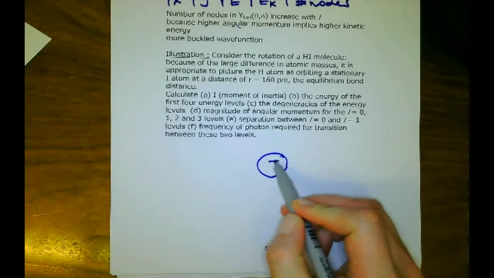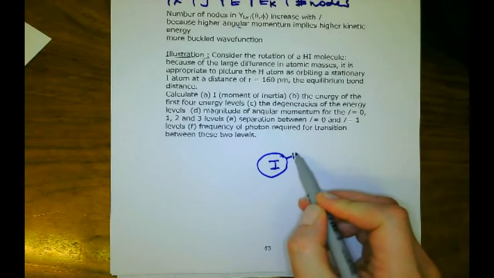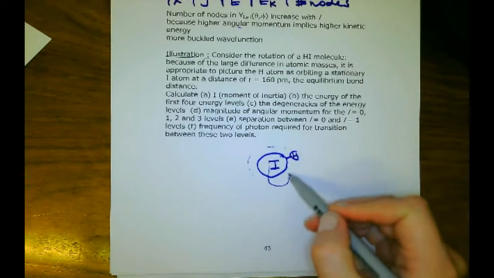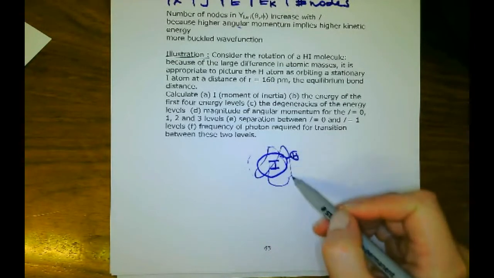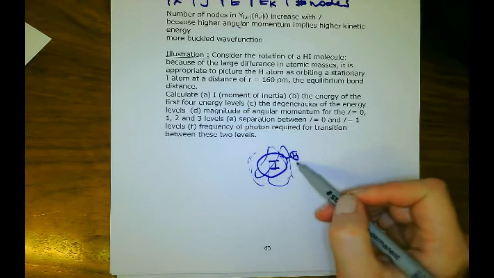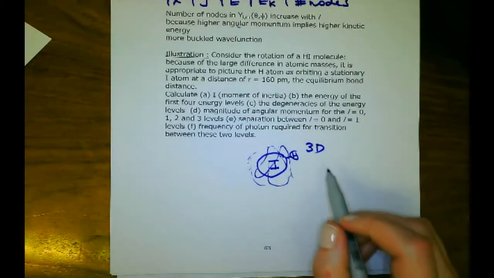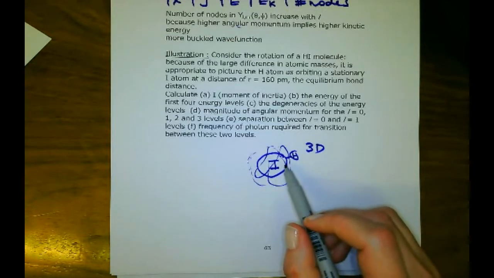So we consider the iodine atom as stationary, and the hydrogen atom basically orbits around this iodine atom, and we consider this to be a three-dimensional system, three-dimensional rotation.